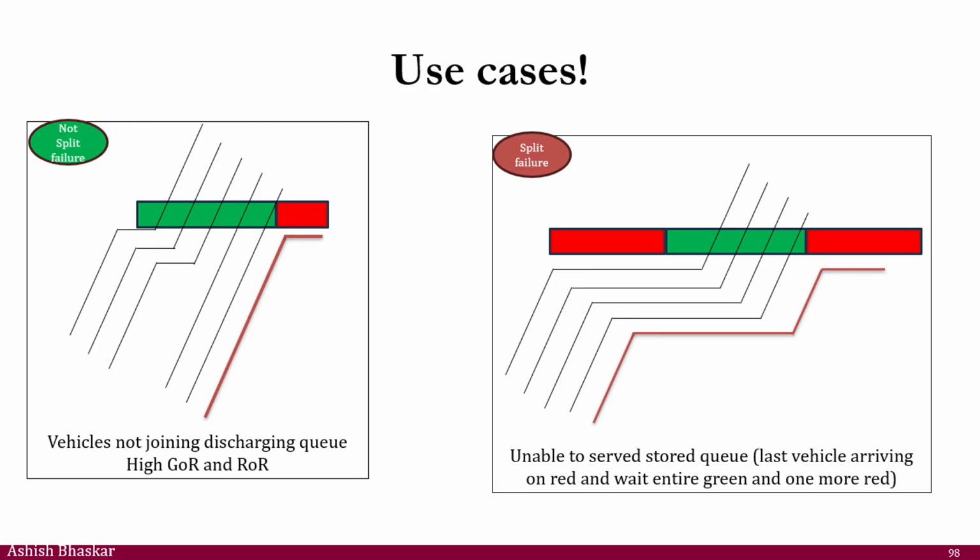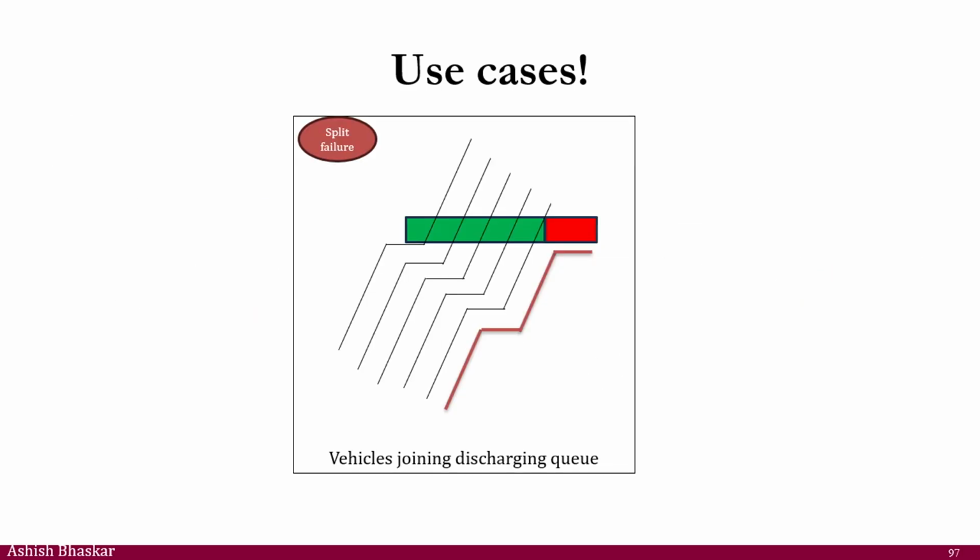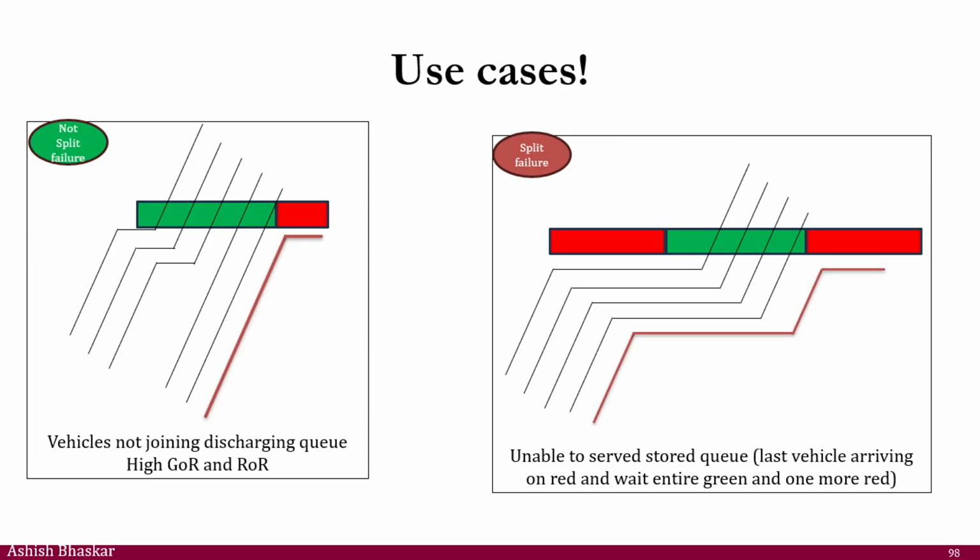In this particular case, we have defined that this is not a split failure. Sorry, when you have a split failure, definitely you have a high GOR and high ROR. ROR is the red occupancy ratio, GOR is the green occupancy ratio. You will have high values in this case. In this case, how are your GOR and ROR?